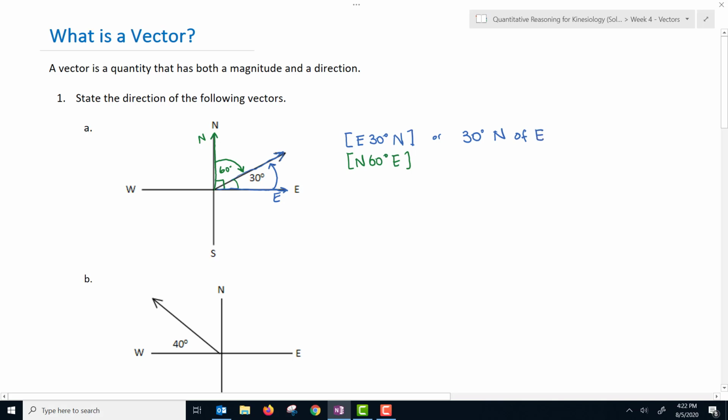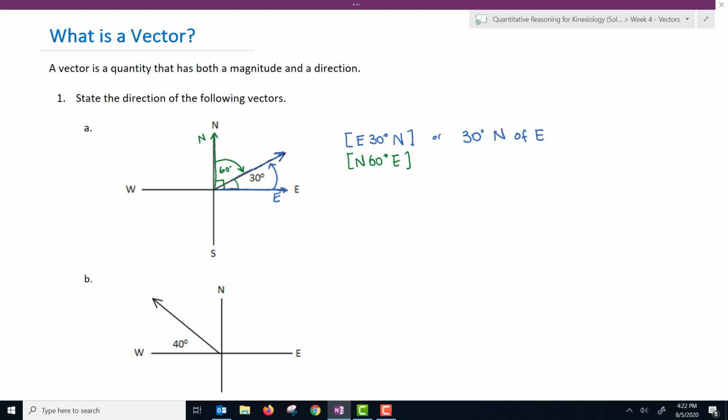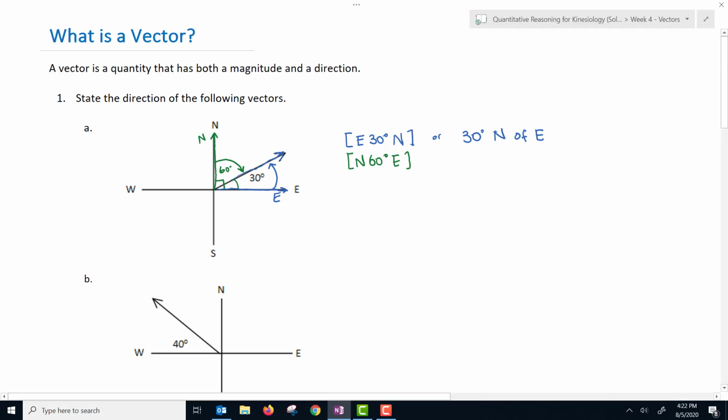So we're 30 degrees north of the east line. Likewise, for the second example, it would be the same thing as saying 60 degrees east of the north line.